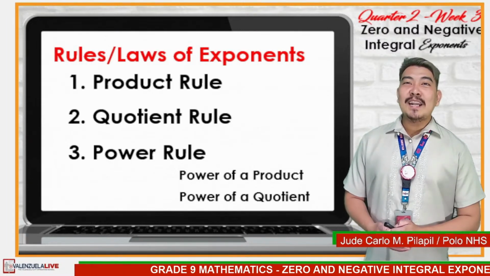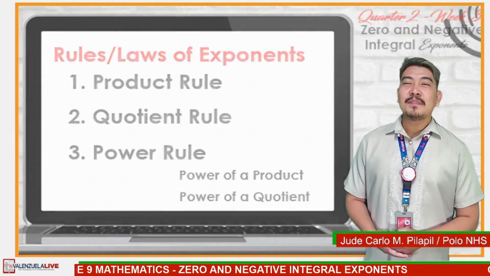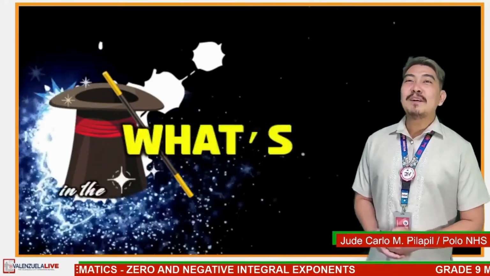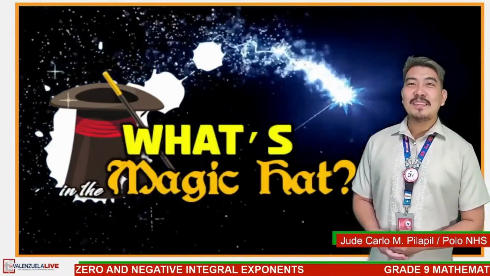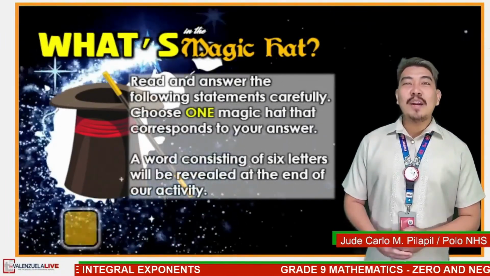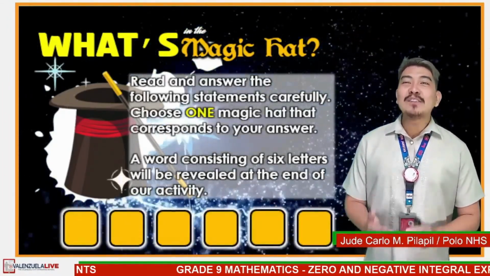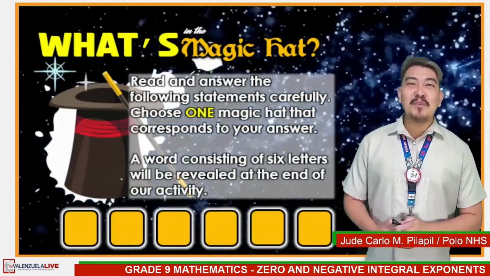Before we dig in our topic for today, let us have an activity called What's in the Magic Hat? In this activity, we need to unlock and discover a 6-letter word, and we can only do that by answering the questions that will be provided.